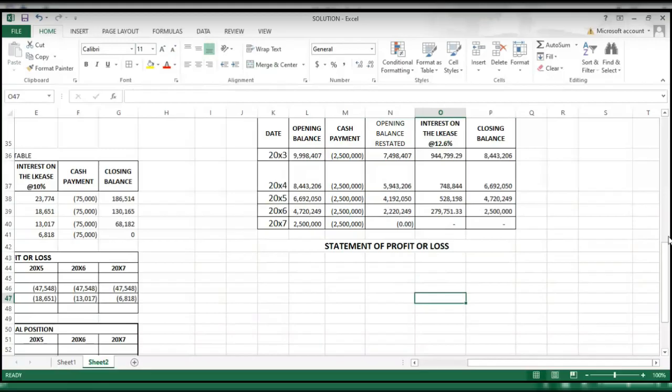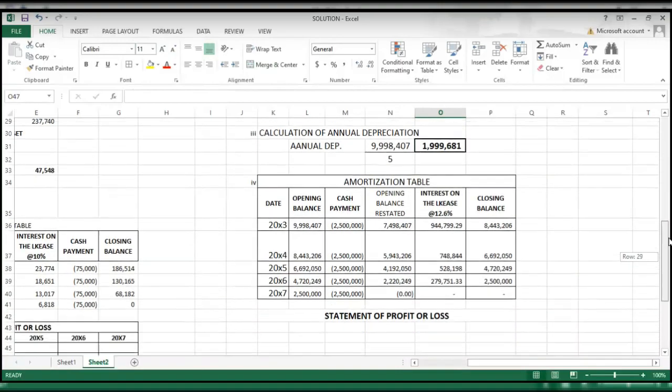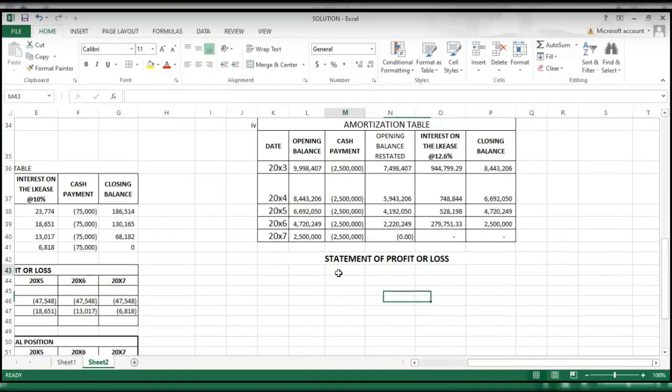So I'm going to have the years put here. That is 20x3, 20x4, 20x5, 20x6, 20x7, 5 years. That's it. This spread over 5 years.